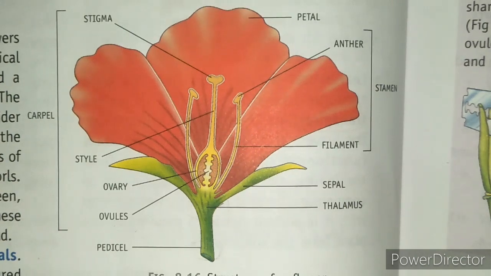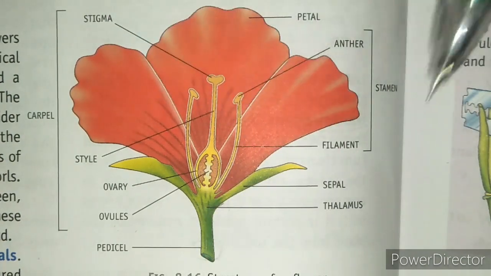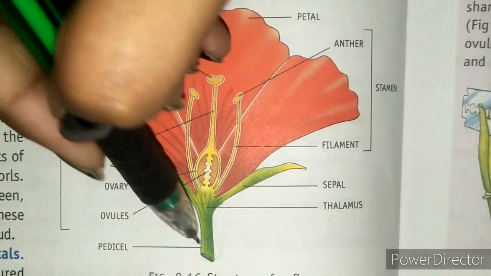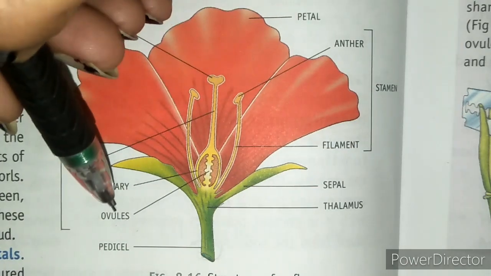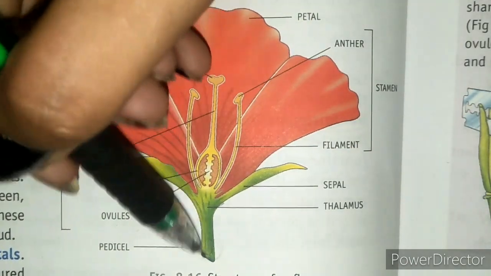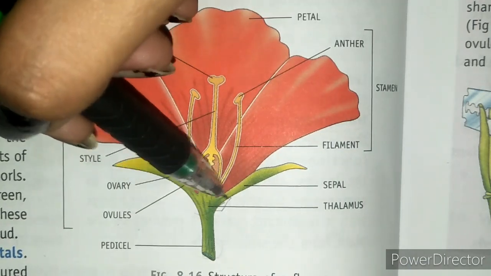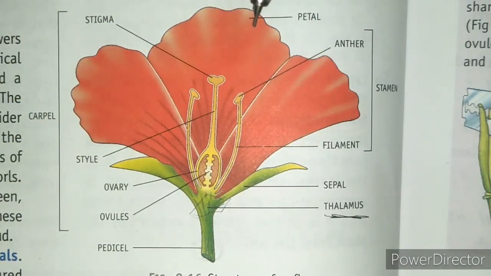So students, check this structure of a flower carefully. First we have the pedicel. Look at this area. This is directly attached to the stem, right? Afterwards this pedicel widens up here, and this is known as the thalamus. Clear?